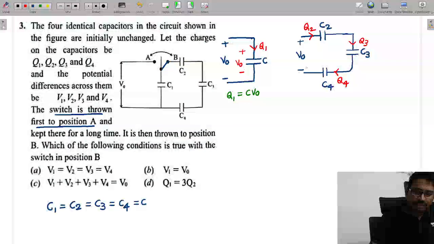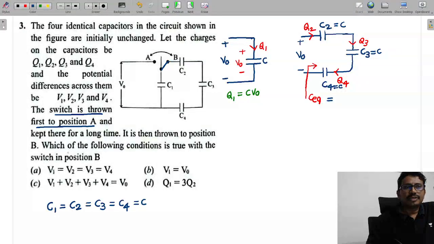These three capacitors are in series, so we can find the equivalent capacitance. As all the values are C, three capacitors connected in series give an equivalent of C by 3.